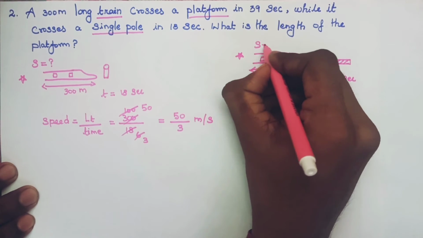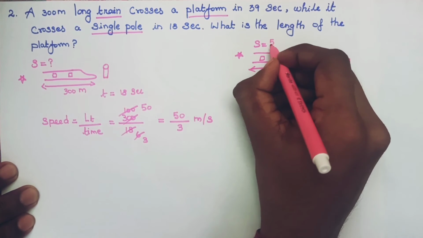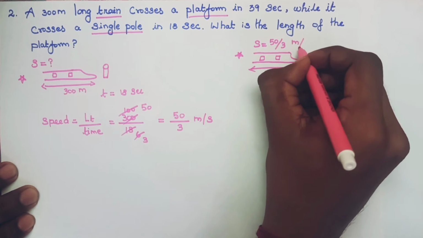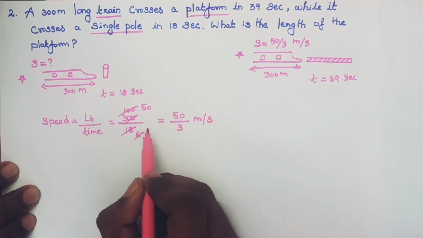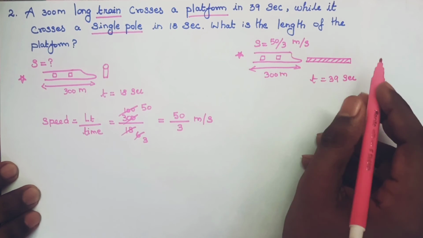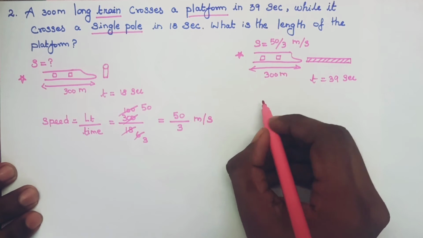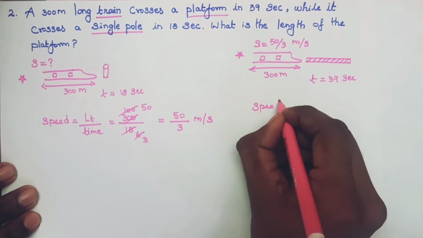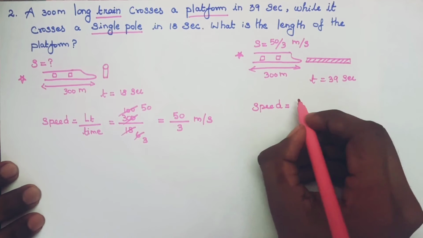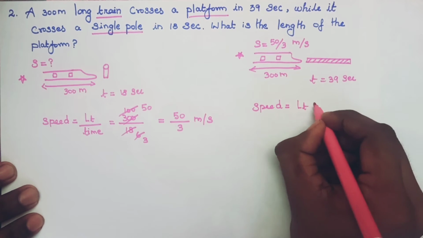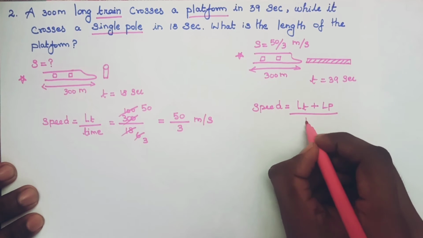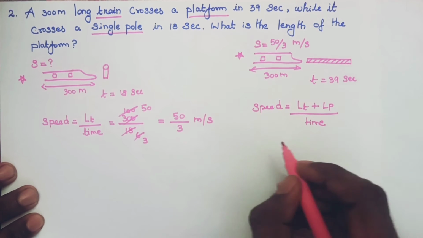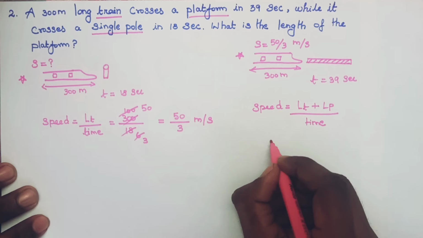The speed of the train becomes 50 by 3 meter per second, which we found using the point method. So just apply all those things into the line formula. Speed equals length of the train plus length of the platform divided by time.